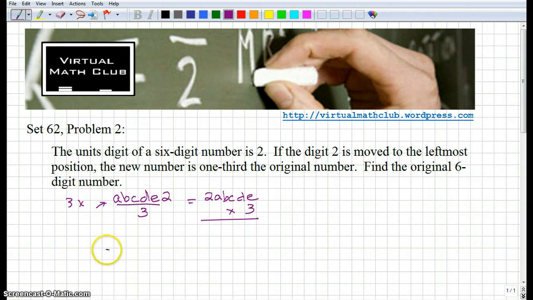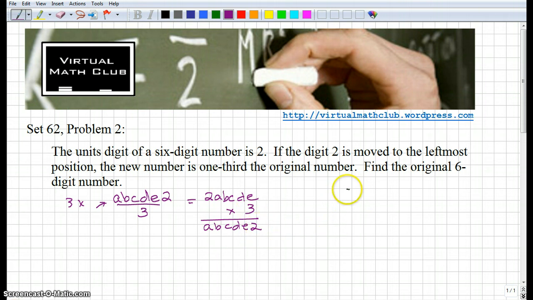So that's what I'm going to do. Now, I don't know any of these digits, but I do know that this should be A, B, C, D, E, 2. So you see, when I take 3 times E, I get something ending in 2.